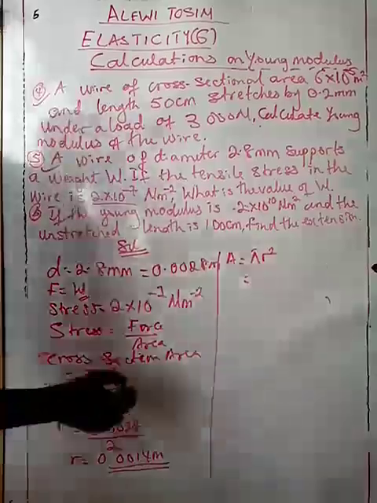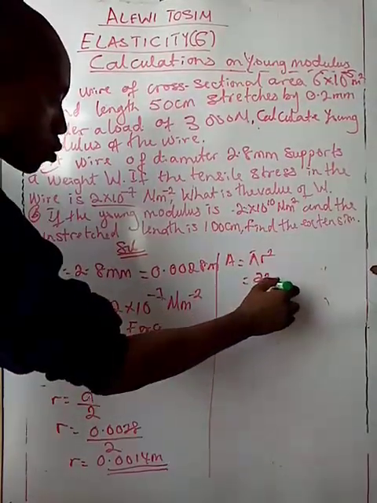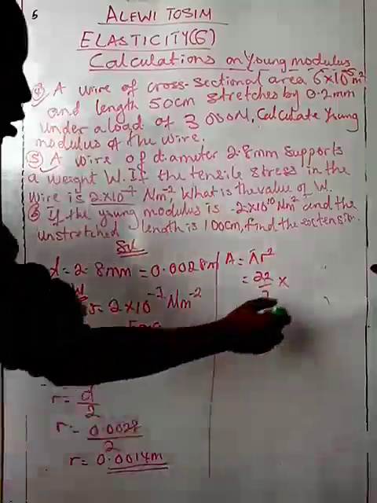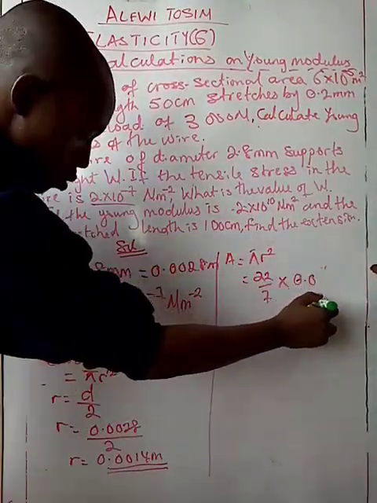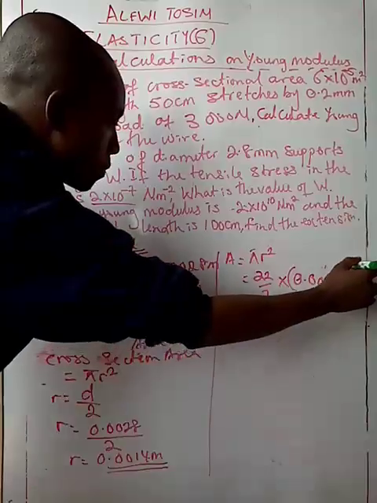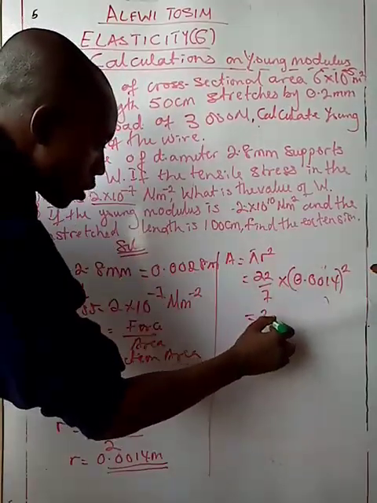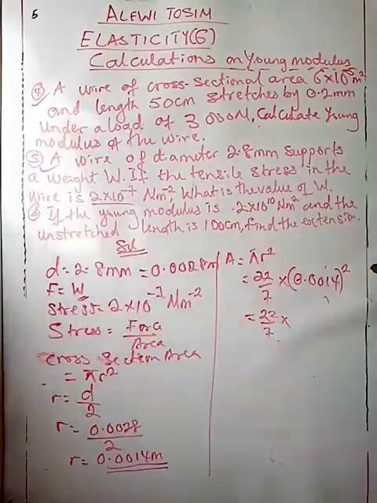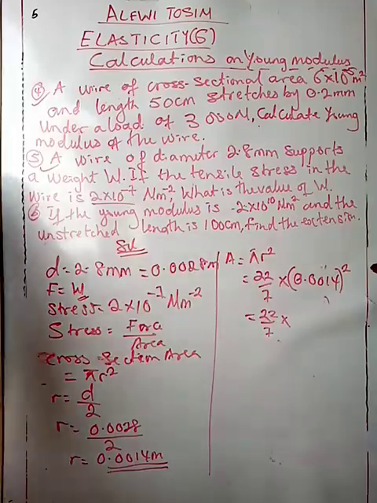So our pi is the constant 22 over 7, multiplied by our radius, 0.0014 square.